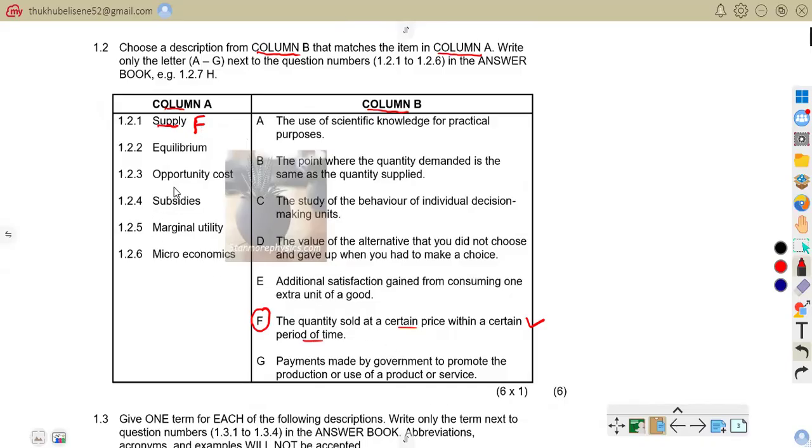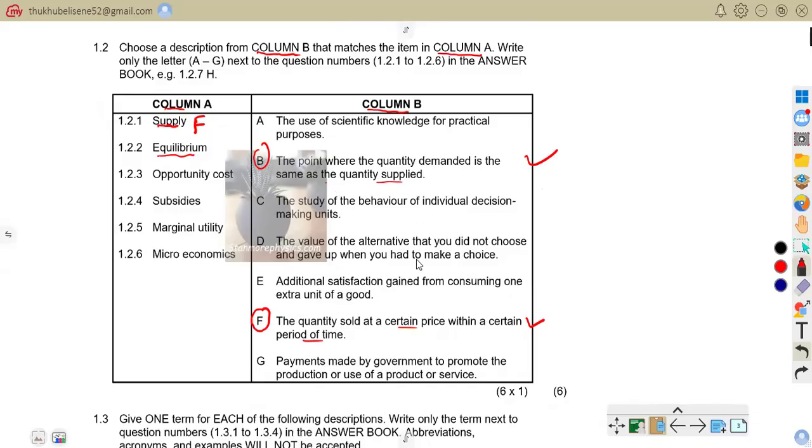Now let us be on 1.22, which talks about equilibrium. Let us go through this and see which description matches equilibrium. You can see that B matches equilibrium. What does B say? It says the point where the quantity demanded is the same as the quantity supplied.